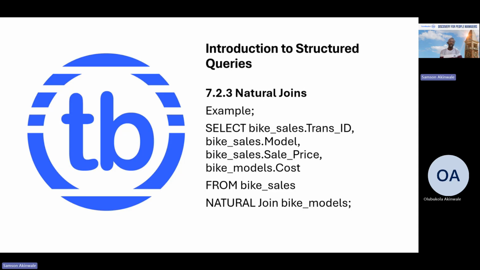Yes, that can be used to act as a point of intersection, or even if they are not designated as primary and foreign key in each of the tables, they are just named that way, and they are similar column names for the two tables. Yes, that can be the point of intersection, but the data type specified for both of them in each of the tables must be similar, because if the data types specified are not similar, even though the name of the column is similar, natural join will still not work. So we have to go back to the use of basic join.